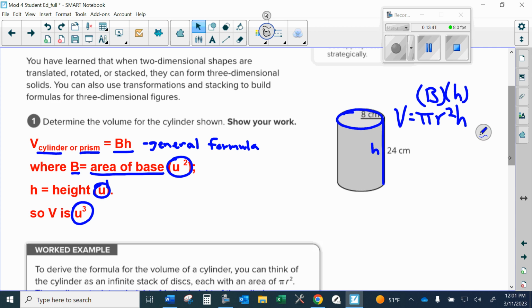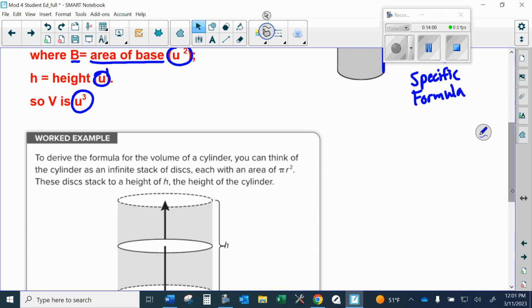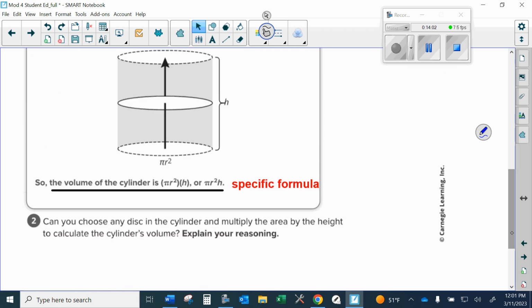So the general formula becomes this specific formula for a cylinder, pi r squared h. But you can get that from the general formula of area of the base times the height. That works for every cylinder or prism. So that's where they tell you right here, pi r squared h, the specific formula, as I say.